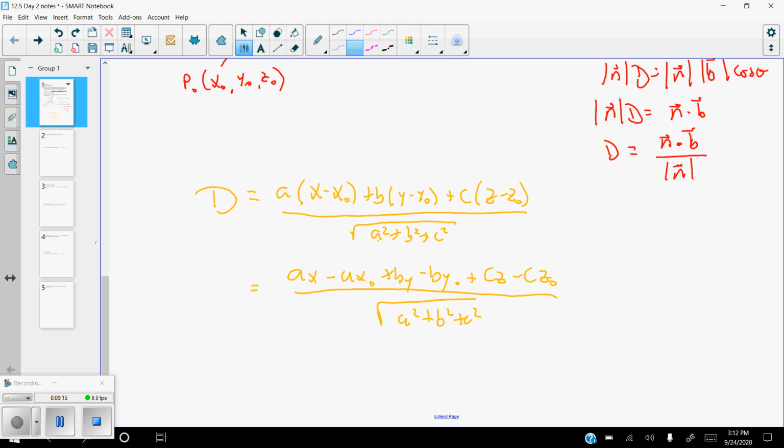And then I'm going to reassociate some of the things in the numerator. So now we're going to have ax plus by plus cz, and then minus, taking the minus out of the other three, ax naught plus by naught plus cz naught, again all over the square root.